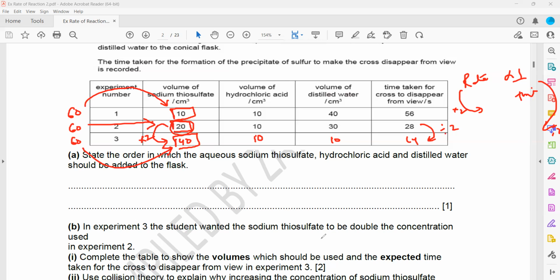So we check the proportion of each solution in the total volume. In the total volume, the amount of thiosulfate is more. That's how the rate of the reaction is affected. More thiosulfate means more particles of thiosulfate, more collisions between the particles. As a result, the reaction will be faster.